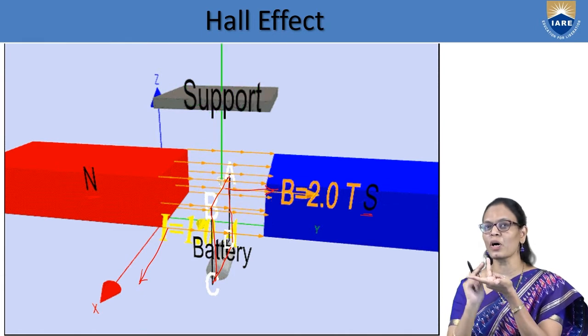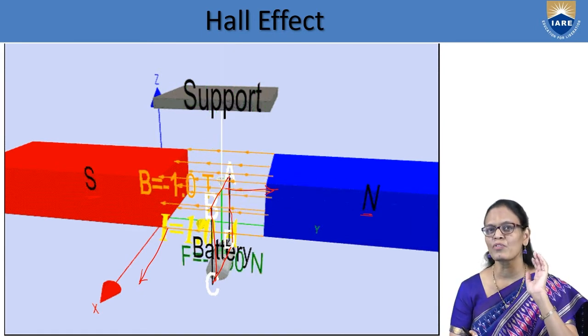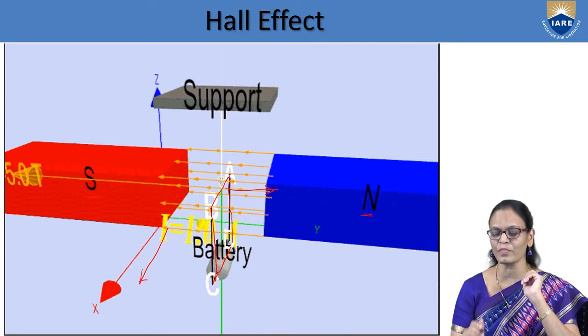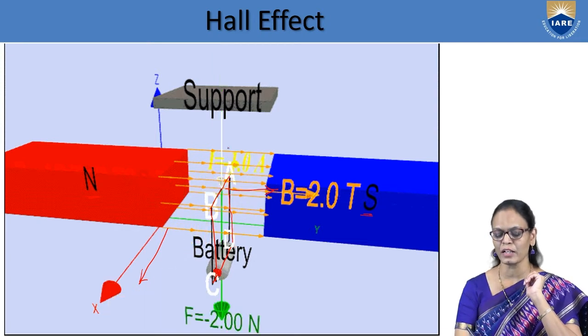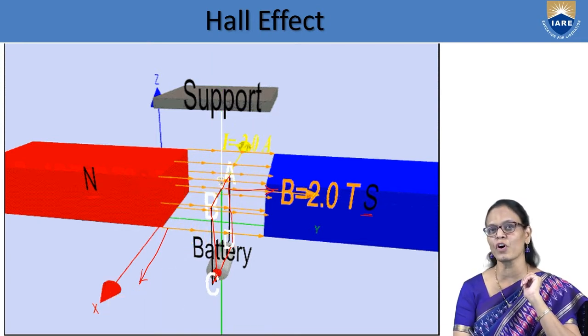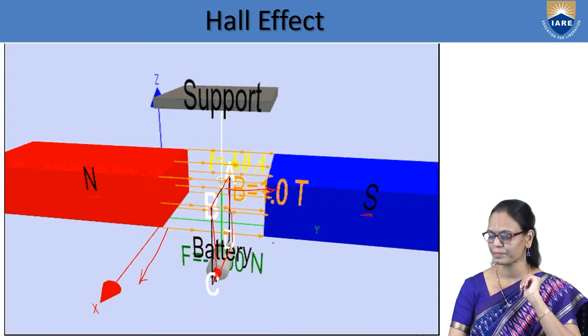So depending upon the direction of flow of current, the direction of the force changes. That is what we are seeing here. This represents the magnetic field, this represents the current, and the conductor is experiencing a force in the upward direction. You can see all three are mutually perpendicular to each other.